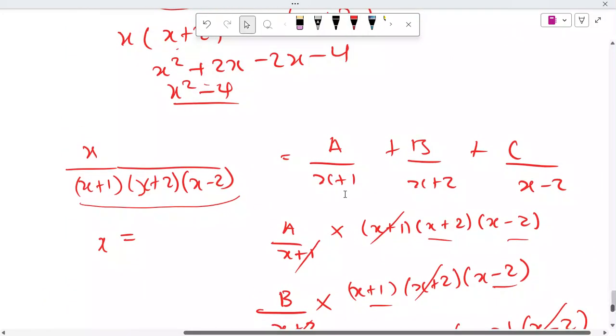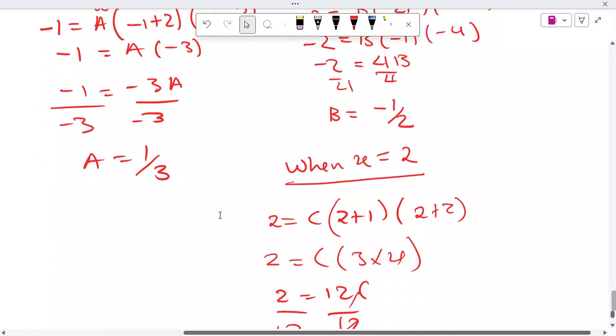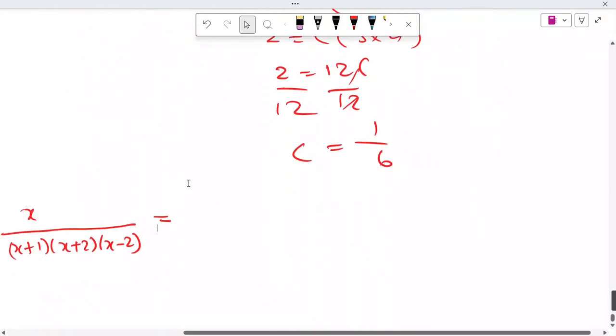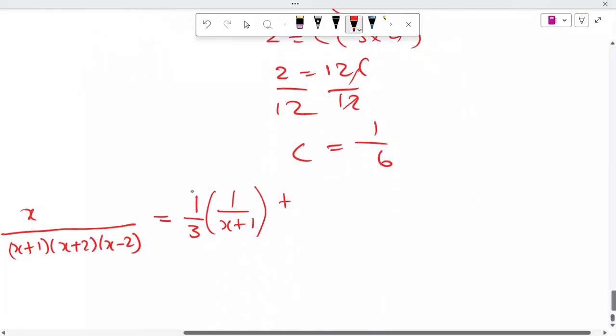A was divided by x plus 1. So that's how we write. So A is the value for A, 1 over 3. So we write 1 over 3, 1 over x plus 1. Okay. Plus B. What's the value for B? Negative half. It's negative half.